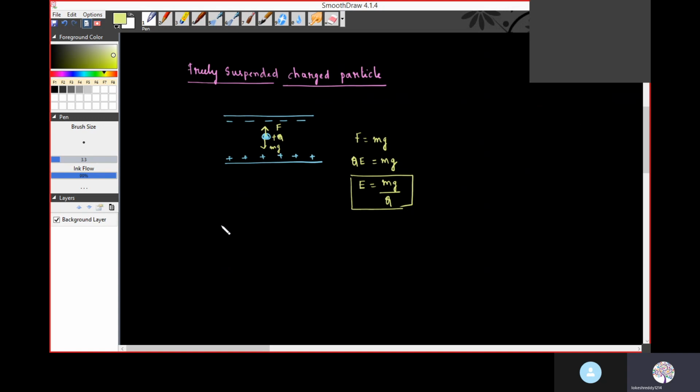Now, in case of a charged particle suspended by a string.